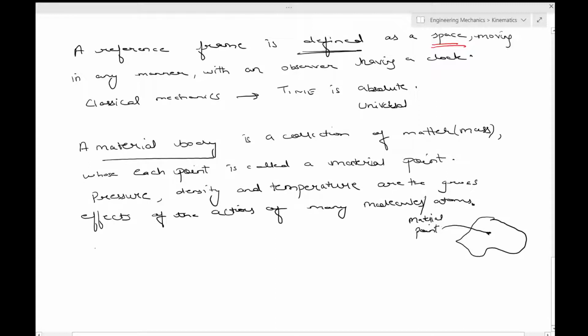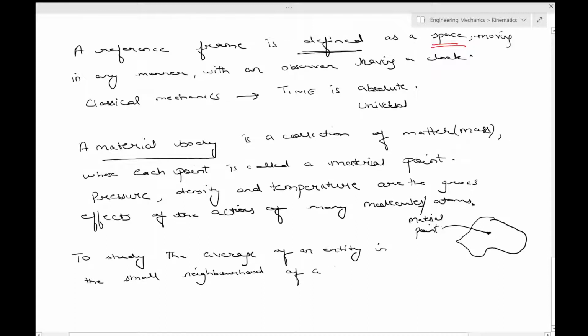Now, what is the motivation? To study the average of an entity in a small neighborhood of a material point.